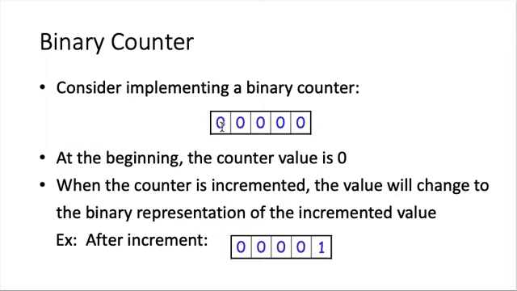At the beginning, because all of them are set to 0, the counter value is equal to 0. Each time we may perform the increment operation, so that the value of the counter is increased by 1. After one increment operation, the counter will change from all zeros to 0, 0, 0, 0, 1, something like this.